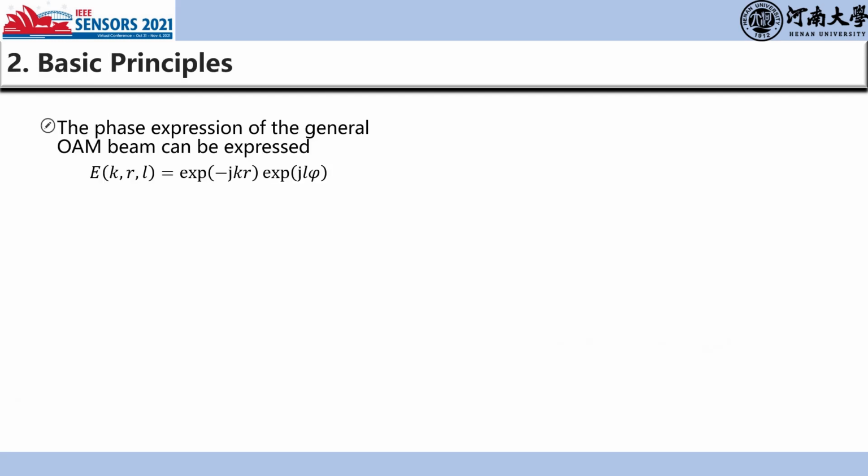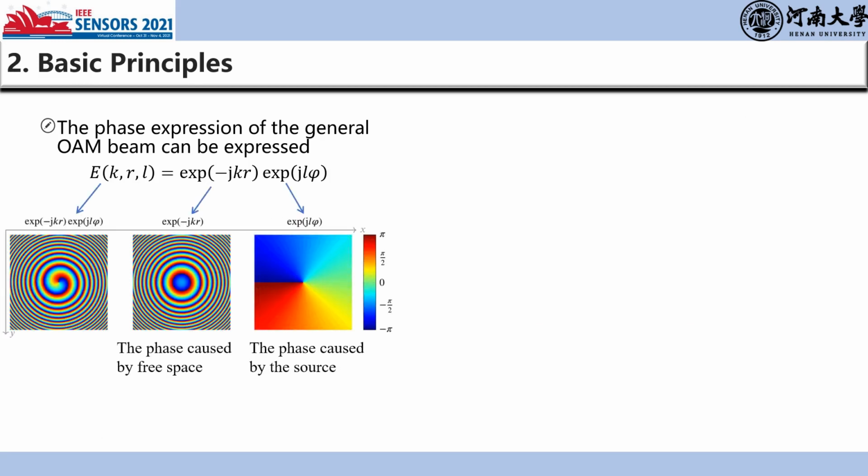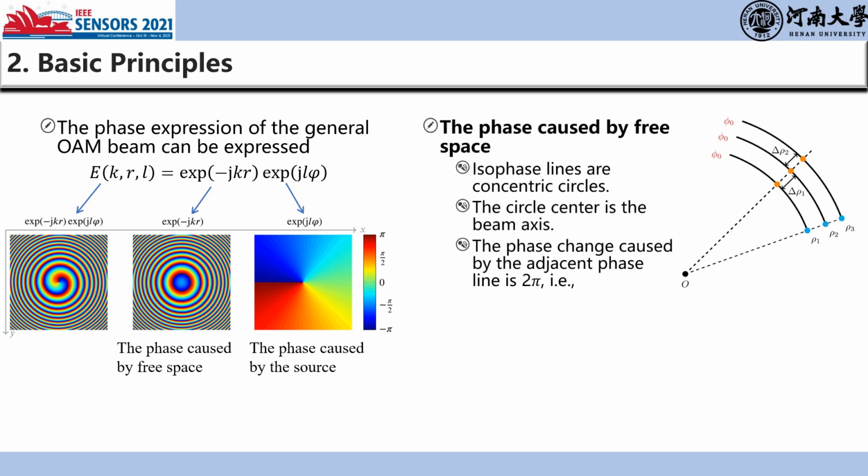The phase of an OAM beam is expressed as this formula. The phase can be divided into two parts: the phase caused by free space and the phase caused by the source. For the phase caused by free space, the isophase lines are concentric circles with the beam axis at the center, as shown in the right figure.